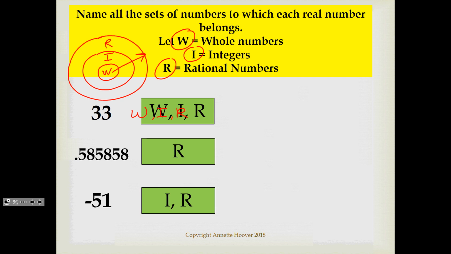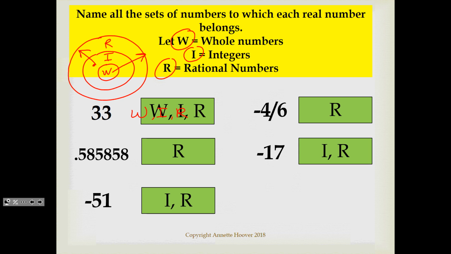Because it's an integer and you work your way out, it is also a rational number. -4/6 is a fraction. Fractions are part of the rational number group. -17, that is an integer, and then you work your way out, so it would be an integer and a rational number. 2 47/100 is a terminating decimal, so that is a rational number.